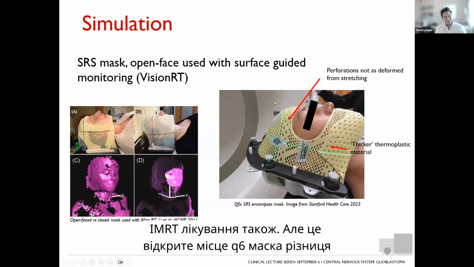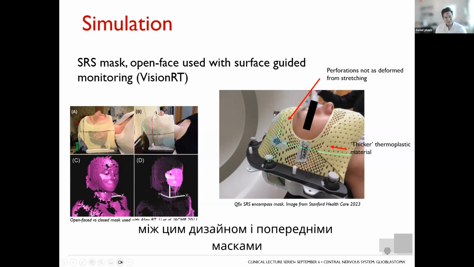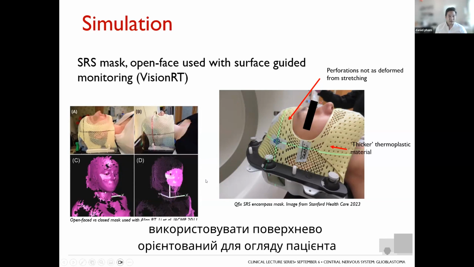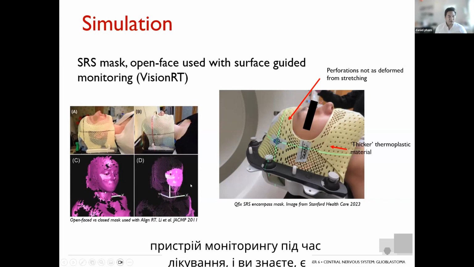The difference between this design and the previous mask that I showed you is mainly that it has this open face, and this open face area allows the department to use a surface guided patient monitoring device during treatment.